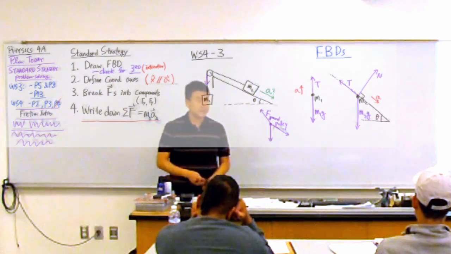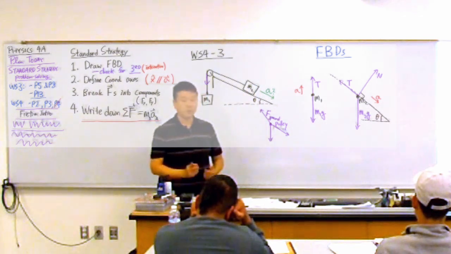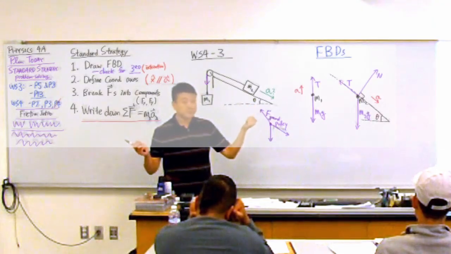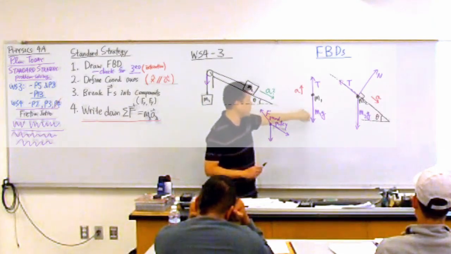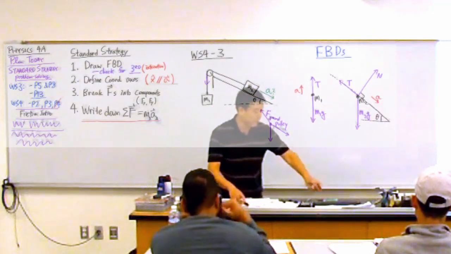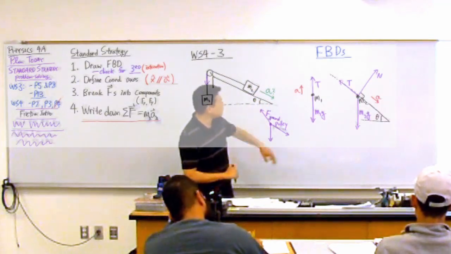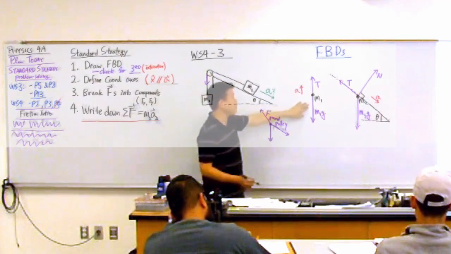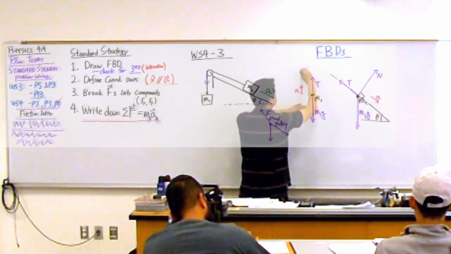What that means is no one axis will work for both of them. So can I define two different axes? Yeah, I can define one for this free body diagram, one for this free body diagram. There's nothing stopping me from doing that. This one is essentially a one-dimensional problem, right? So let me just make it one-dimensional. I'll say this is my positive direction.